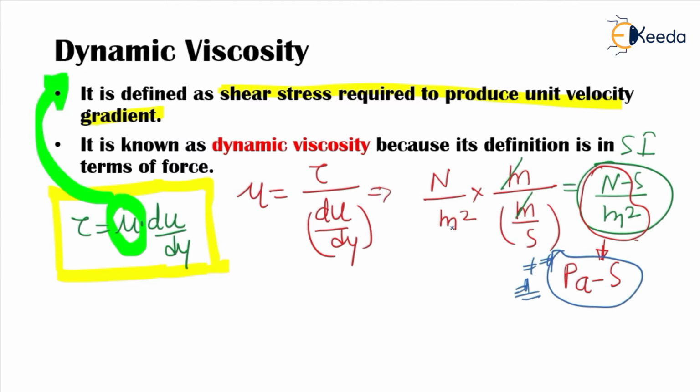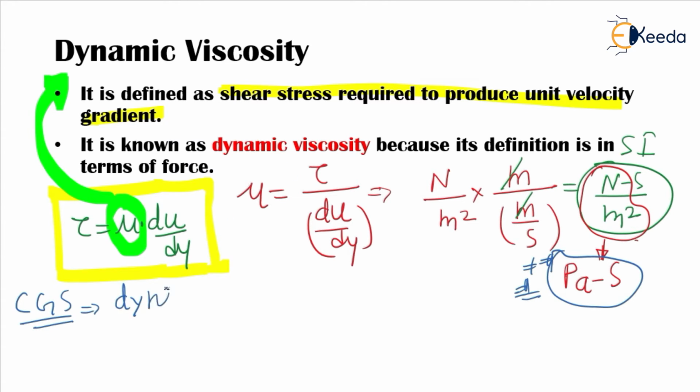And what else should we know? We should know its CGS unit also. What will be the CGS unit for viscosity? Let me write it, because the CGS unit is also very important from the exam point of view. So in CGS, how can we represent the tau value?